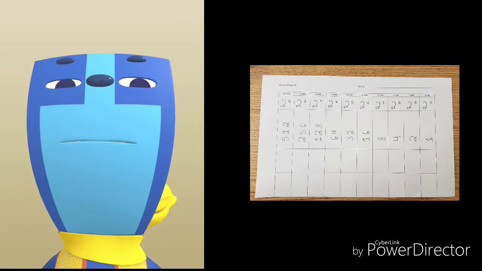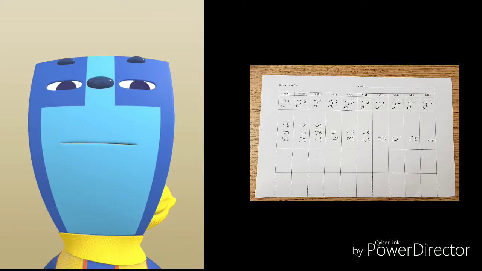And 2 to the 0 power, which is 1. Your sheet should look like this when this row is done.